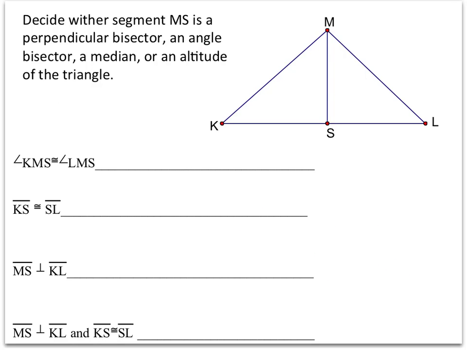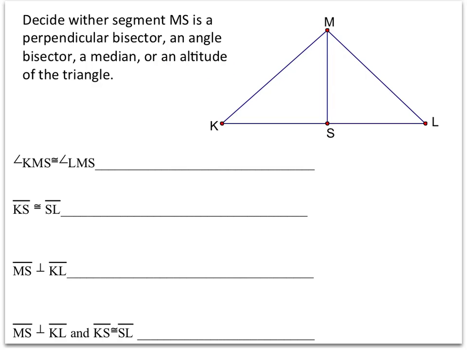In this last example, I'm going to model something that you may see in your homework and questions that are asked later on. Question 1 states, decide whether the segment MS, so this segment here, is a perpendicular bisector, an angle bisector, a median, or an altitude of this triangle.